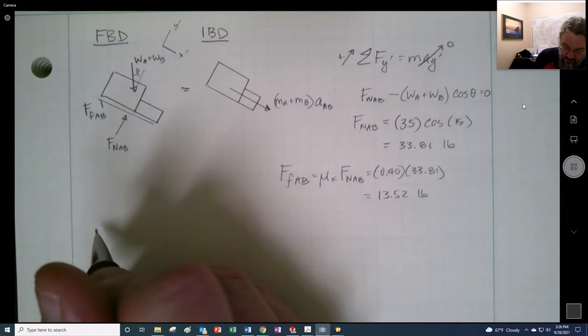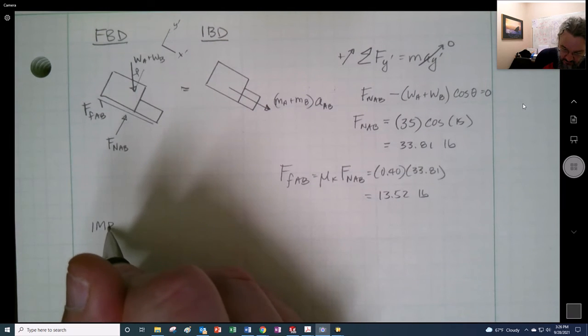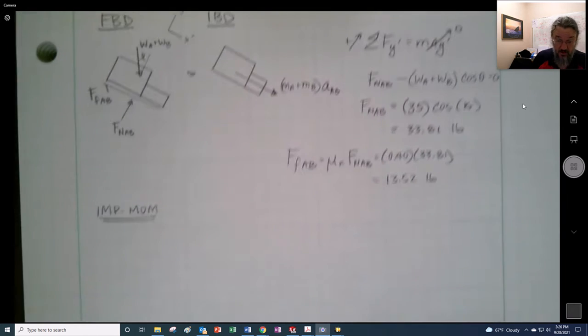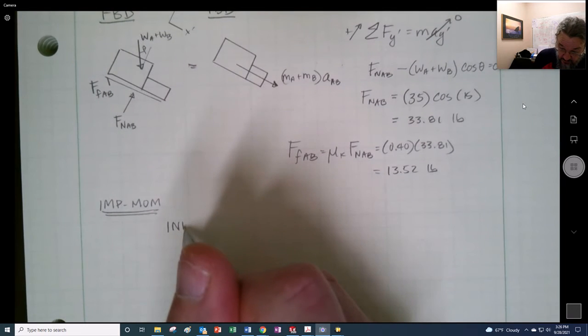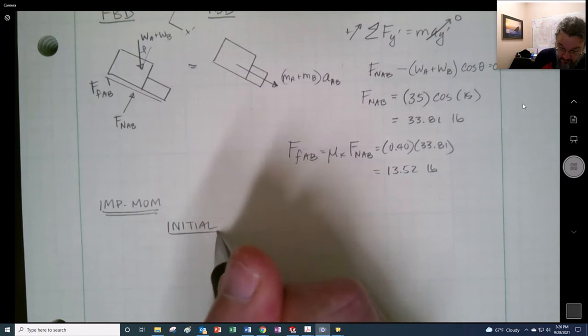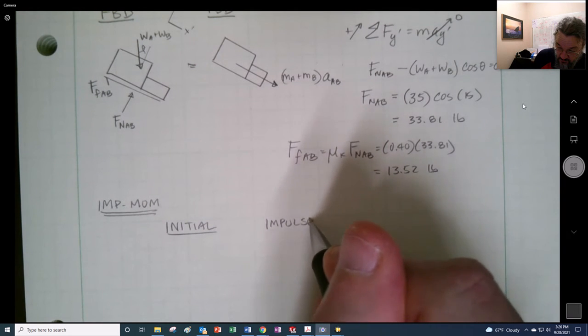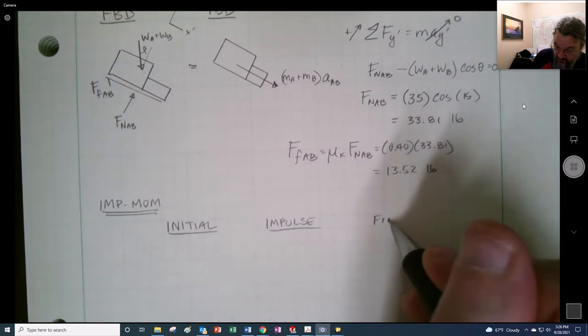Now we do the impulse and momentum. We do initial, we do impulse, and then go final.